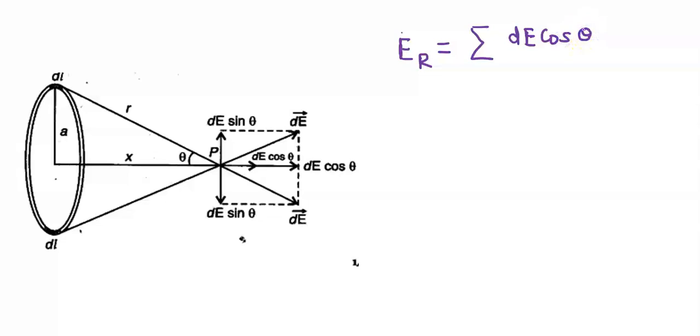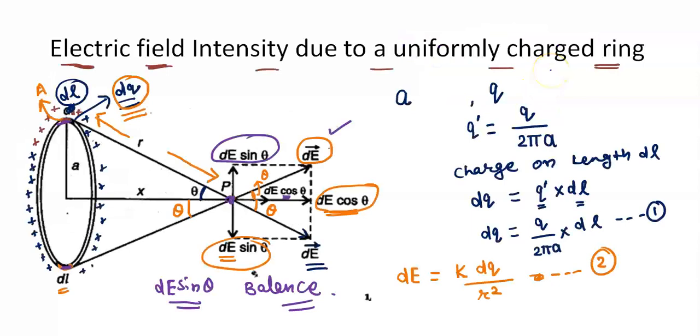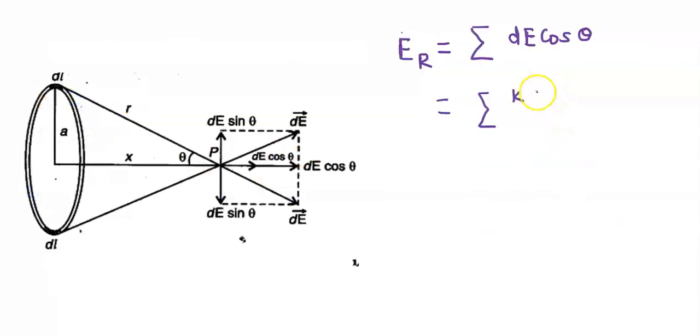Now we can say summation, we can say integration also, that is not a problem. Now what we can do is we can write summation of dE cos theta. dE is what? K dQ upon distance square. What was Q? It was dQ. So we can write K dQ upon distance square, that is r square, and cos theta is what?